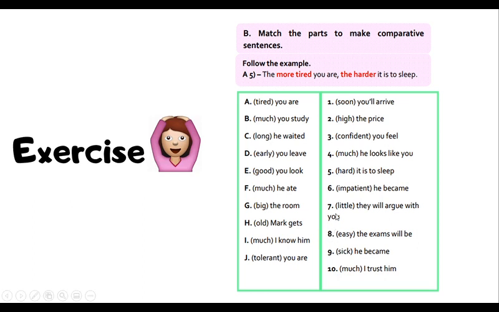Yes. As I explained before, what is the comparative of much? Yes, good. It is more. So, the more you study, the easier the exams will be. Easy, right? Yes, I'm sure that you can do all of the numbers by yourself.